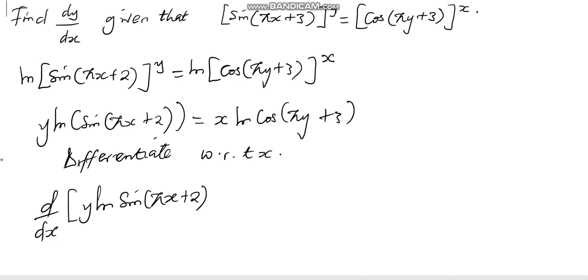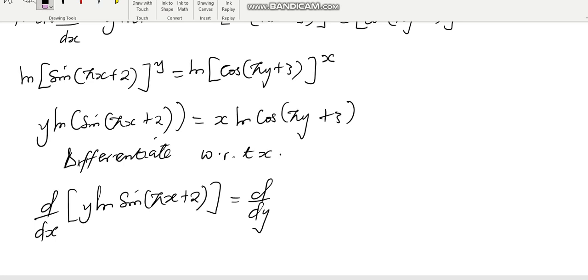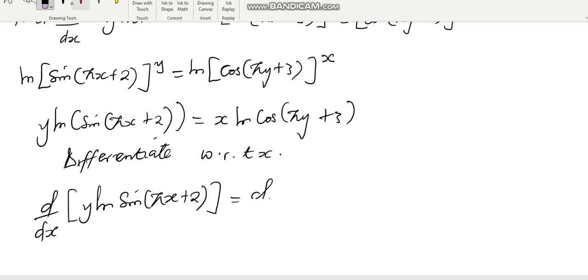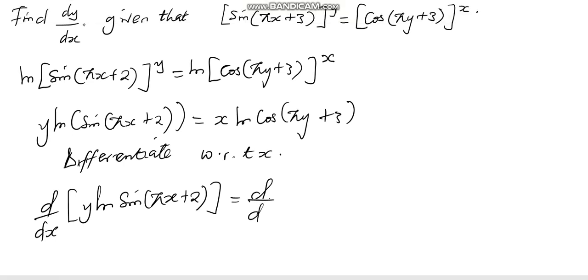We close this side, being equal to, we're differentiating this term as well with respect to x, so we have our x ln(cos(πy + 3)) like this.